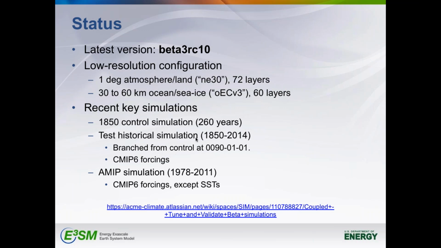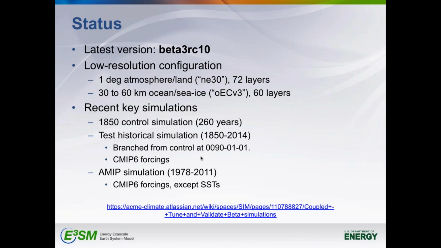Starting at year 90, we ran the test historical simulation, and in parallel, we ran the control simulation. The test historical simulation, as well as the control simulation, use all CMIP6 forcings that have been implemented in the code.